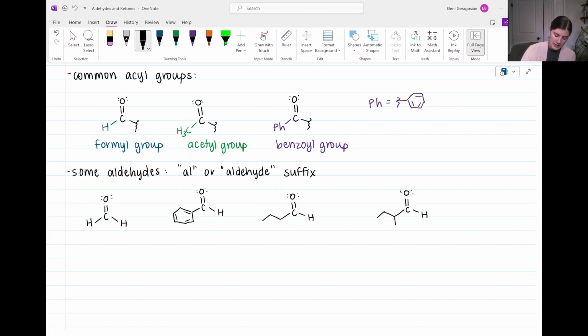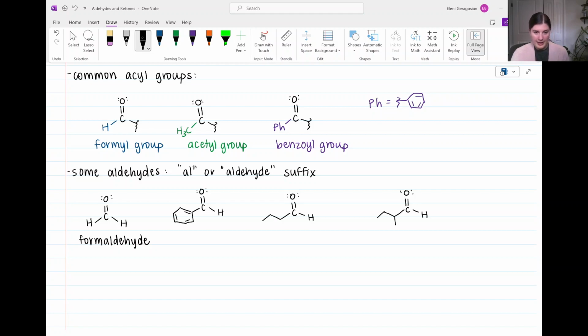So the molecule name for this is formaldehyde. The aldehyde part tells us we have a carbonyl carbon bonded to one hydrogen. The form part tells us that carbonyl carbon is bonded to another hydrogen. So we have formaldehyde for that molecule.